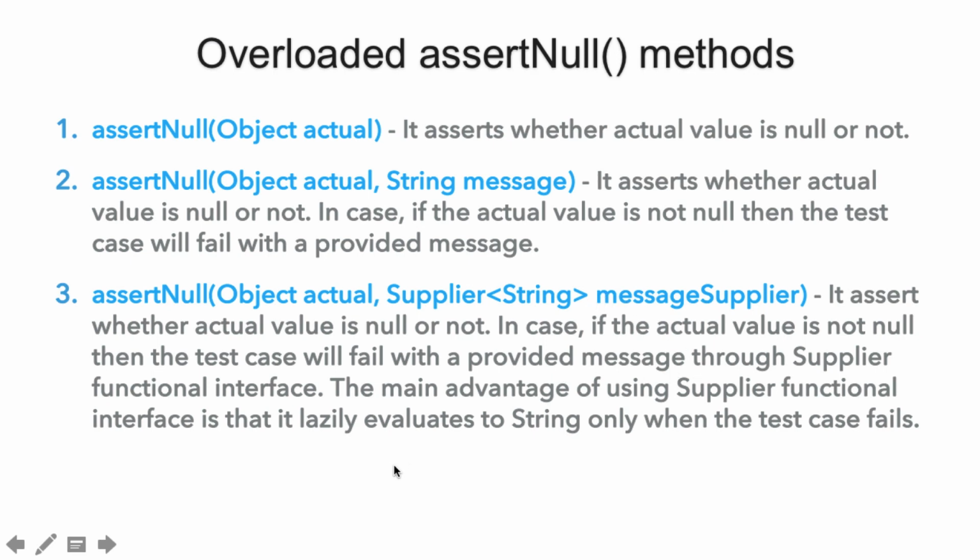The main advantage of using the Supplier functional interface is that the string is lazily evaluated only when the test case fails. In the second method, the string message gets evaluated every time, whether the assertion fails or passes. But in the third method, as we are using the Supplier functional interface, it gets evaluated only when the assertion fails. So friends, there are three overloaded methods of assertNull.